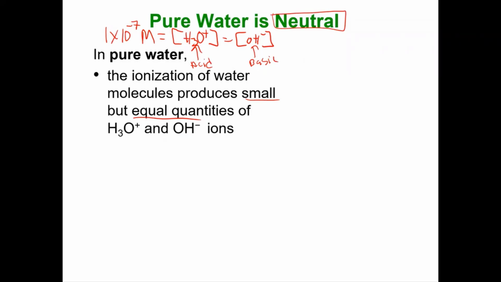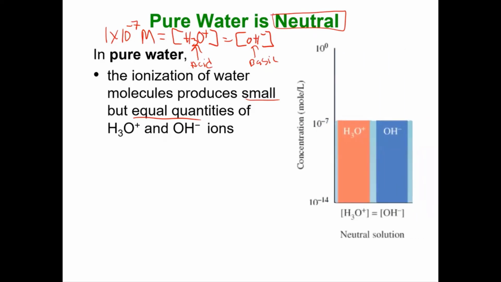If I measure acidity from hydronium ion and its relationship to the hydroxide ion determines whether it's an acid or a base, and the two things that I measure are equal, then it must be a neutral solution, right? So what we find is that neutral solutions have the same concentration of the hydronium ion.